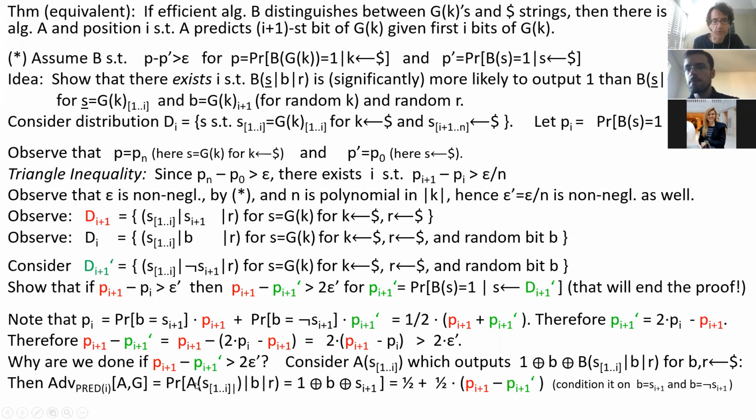And if you do, then you notice that basically, so how do you compute this?